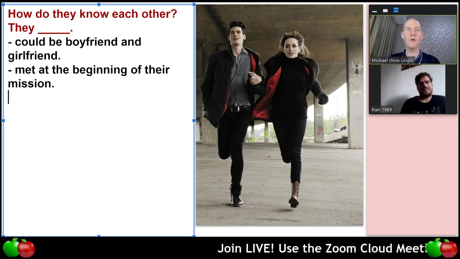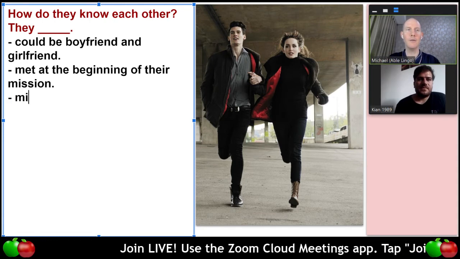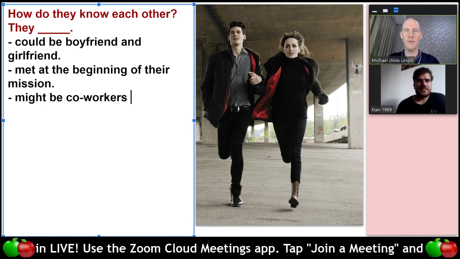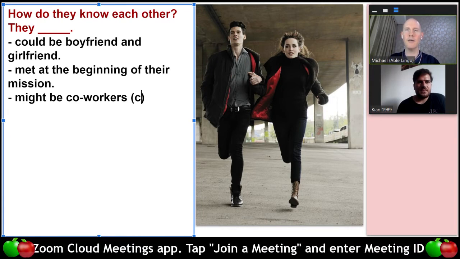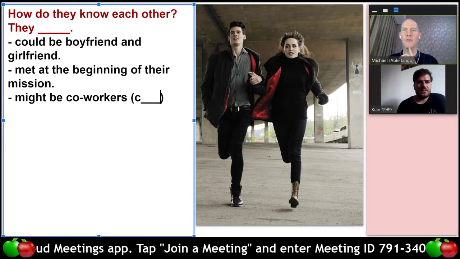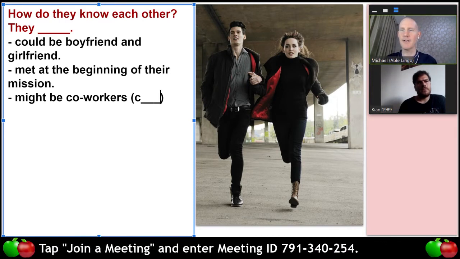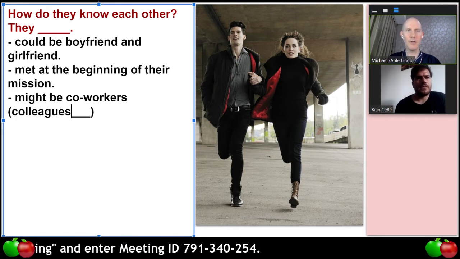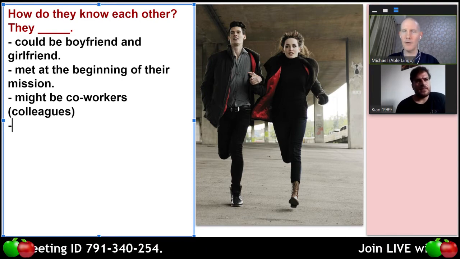Guzal G says co-workers. All right. If we made the full sentence, they might be co-workers. Can we think of another word for co-workers that starts with C? What do you think, Kian? Colleagues. Yes, colleagues. If I can spell it right. Right, colleagues. What else do we have in the comments?